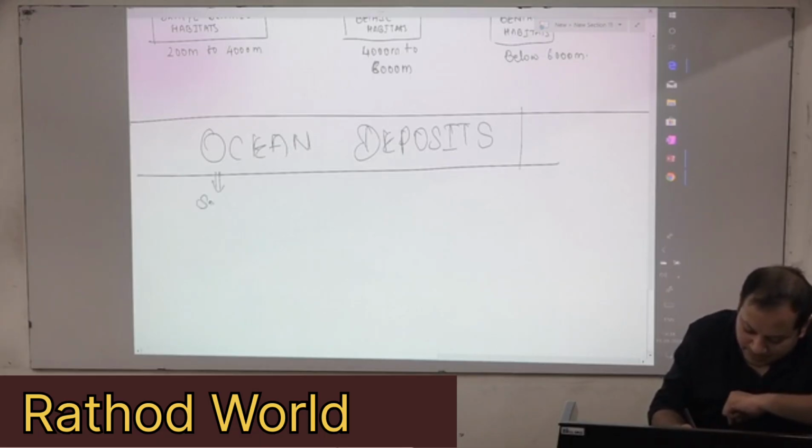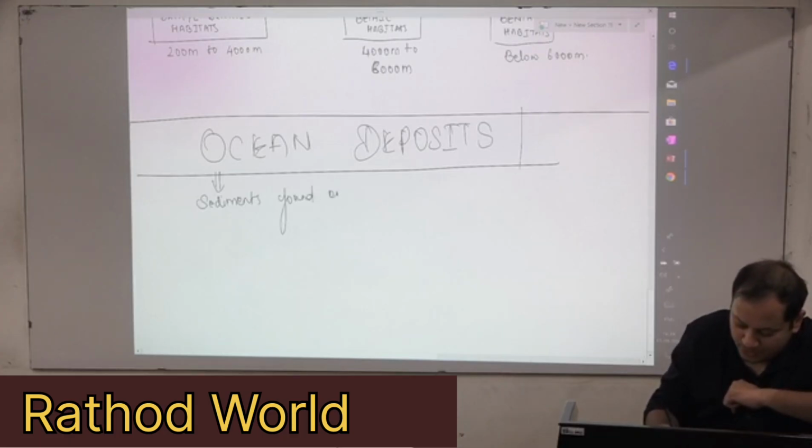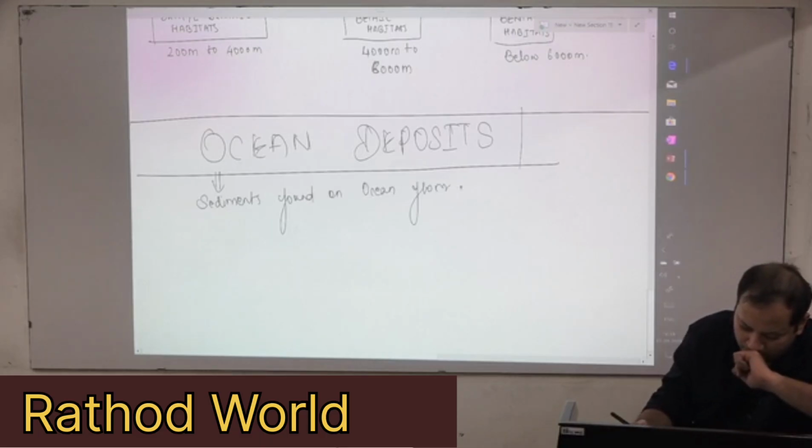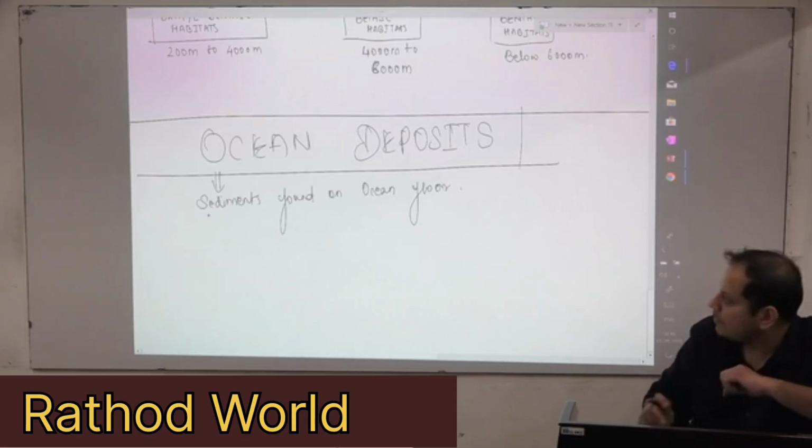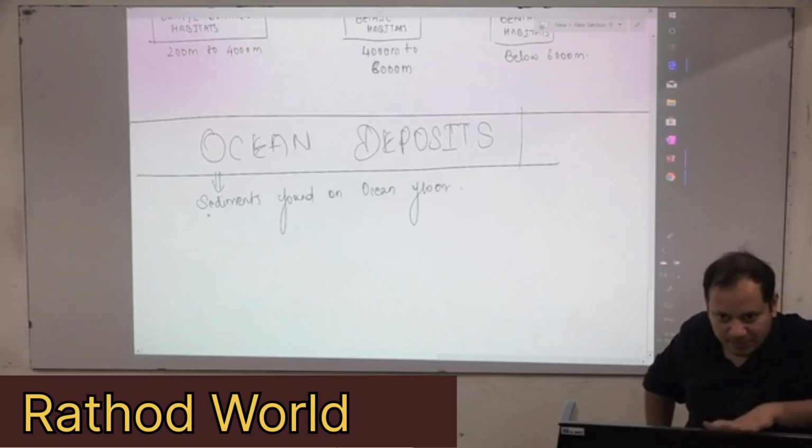That is, these are nothing but sediments found on the ocean floor. Clear? Ocean deposits are sediments that are found on the ocean floor.